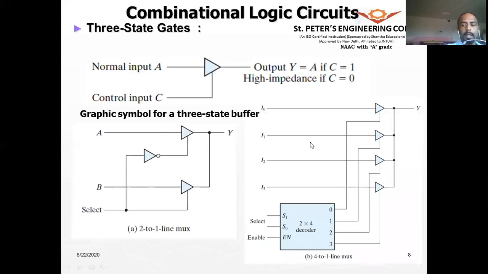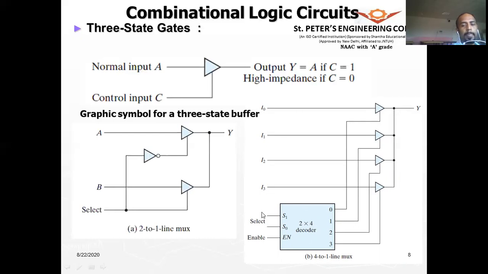Next, how we can extend the same to four inputs, how we can select using 4 inputs. Here we are having 4 tri-state buffers, and we are using a 2 to 4 decoder.